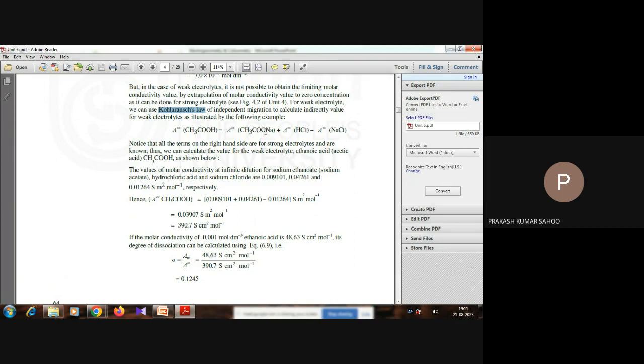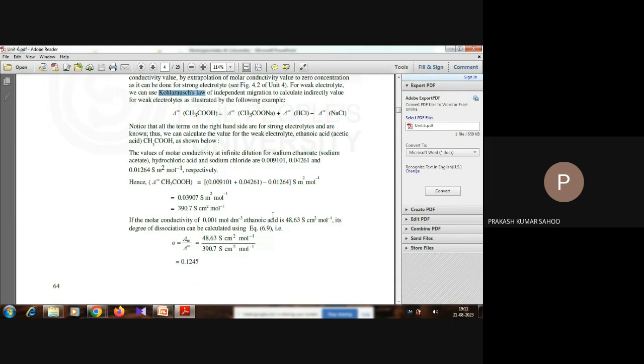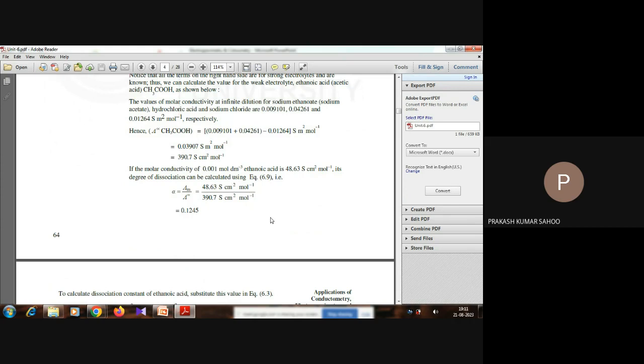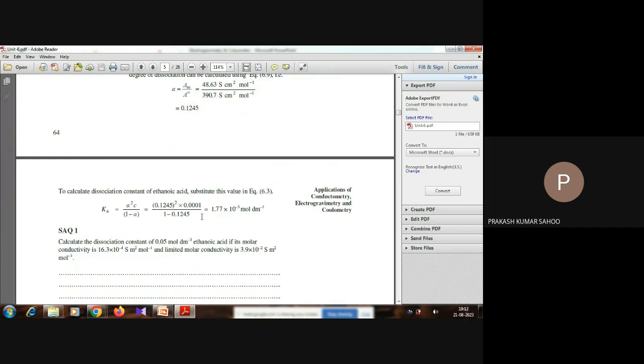So here CH3COO minus Na plus, this is H plus Cl minus, this is Na plus Cl minus. So Cl minus and Cl cancel, Na plus and Na cancel, and the remaining will be CH3COOH. So these are the things, and then the degree of dissociation will be 48.63 divided by the value at infinite dilution, that is lambda m divided by lambda infinity.